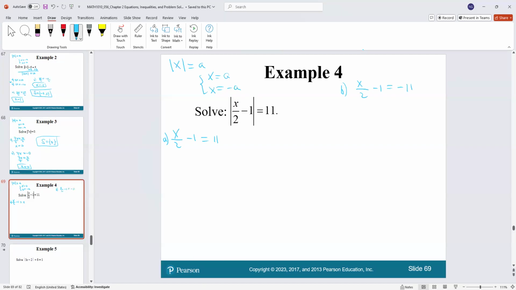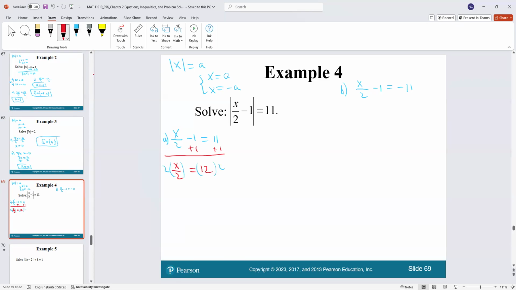Let's solve the first one. First of all, I need to add 1 to both sides to make sure I isolate my x term. So we're going to have x over 2 equal 12. The goal is to get rid of the denominator 2 on the left. How would you get rid of it? Well, easy. We need to multiply both sides of the equation by 2.